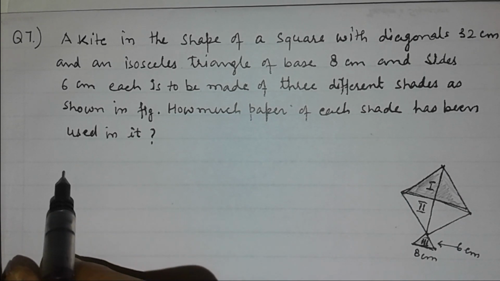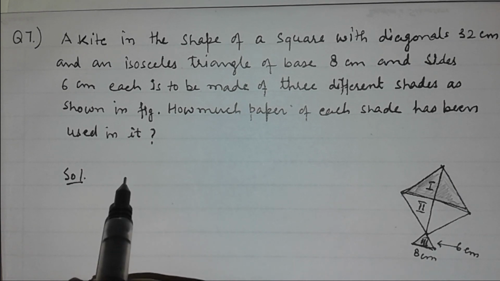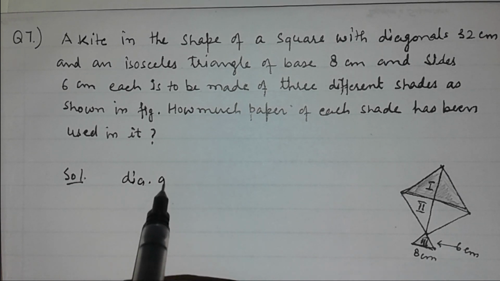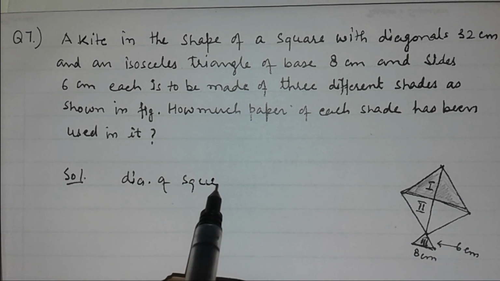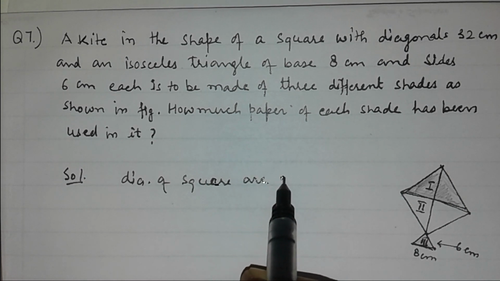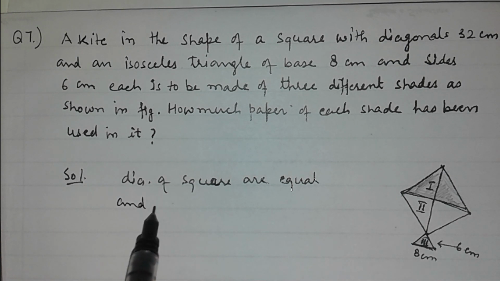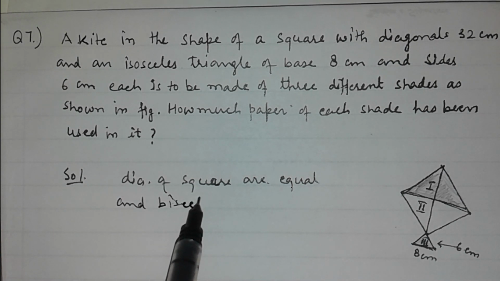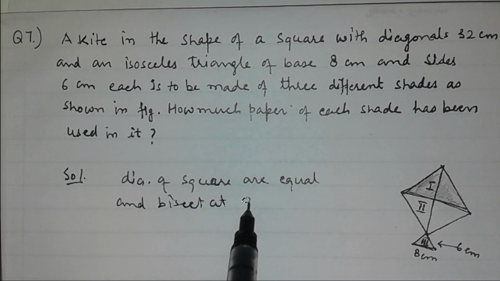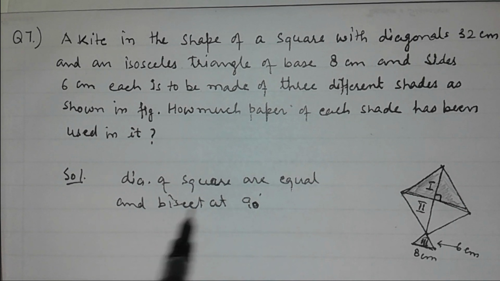So we know that diagonals of a square are equal and bisect at 90 degree. So this is 90 degree. Now diagonal is 30.